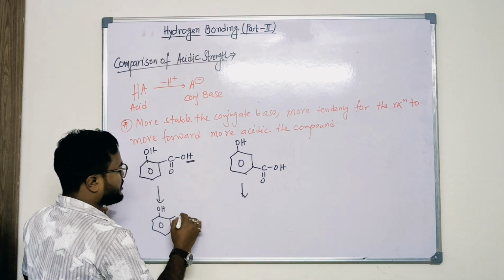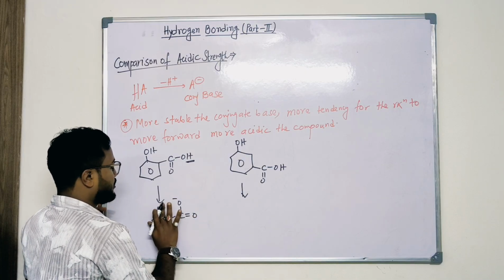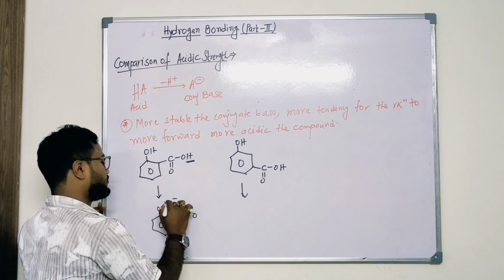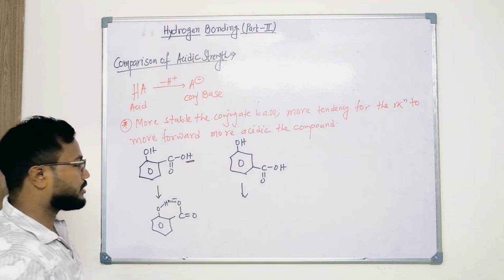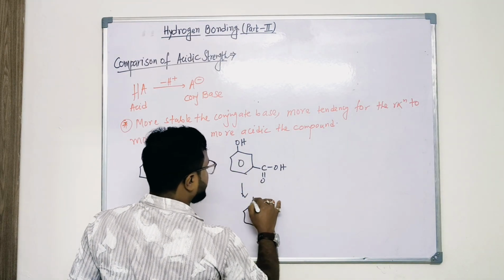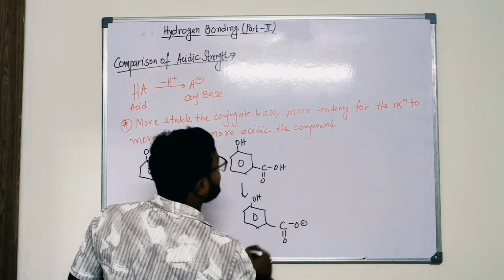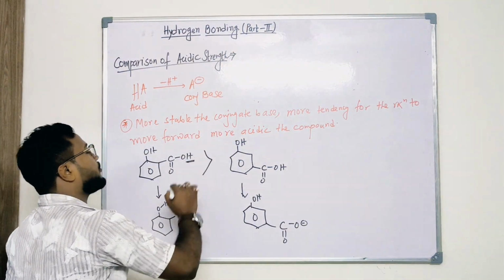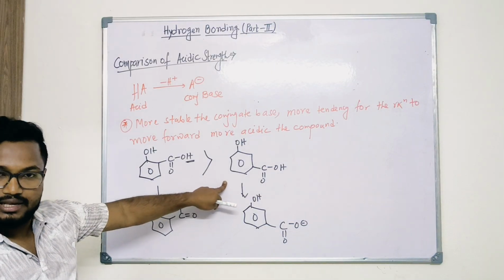It will become C double bond O single bond O minus, and you can draw it like this. So hydrogen bonding is happening within the molecule. But in this case, there is no chance of formation of hydrogen bonding. As a result, the acidic strength is more for the ortho isomer rather than the meta isomer.